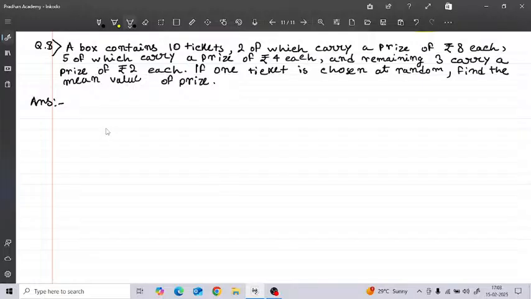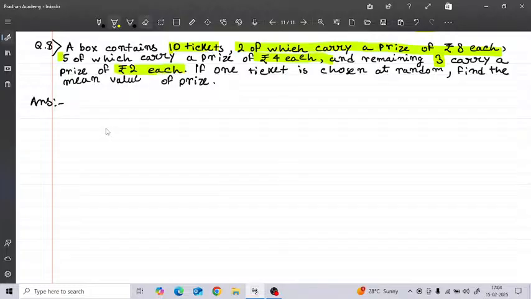Okay, so whenever you get this mean and standard deviation type question, you have to determine the probability distribution function. Now let's read the question carefully. A box contains 10 tickets, 2 of which carry rupees 8, 5 of which carry rupees 4, and the remaining 3 carry rupees 2.